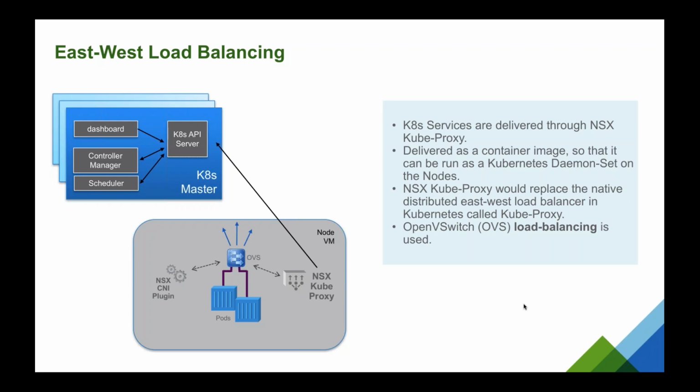And since we're doing that, we needed to change the way we do the east-west load balancing in Kubernetes. We're doing that through OVS flow entries or OVS load balancing entries. So we created a special version, let's say, of Kube-Proxy, which we call our NSX Kube-Proxy, that does the programming of OVS to implement this east-west load balancing.